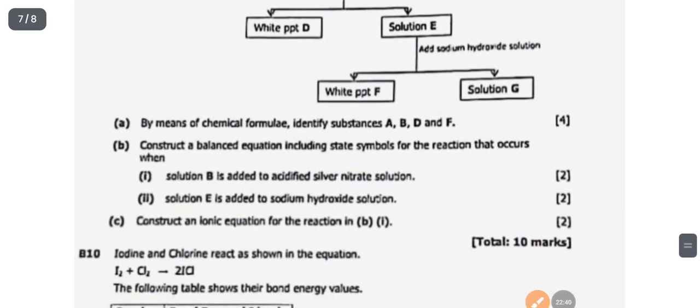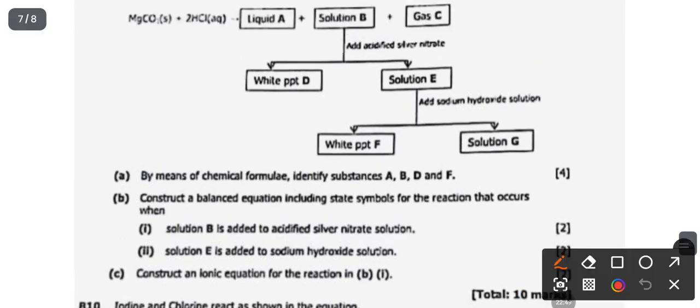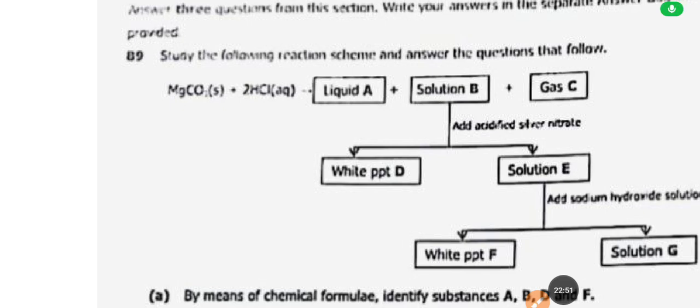Then C says construct an ionic equation for the reaction in B1. For an ionic equation, let us first write the equation itself.